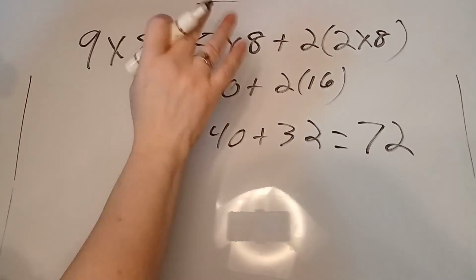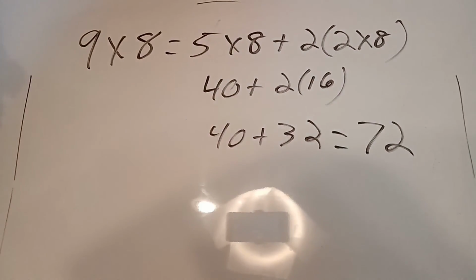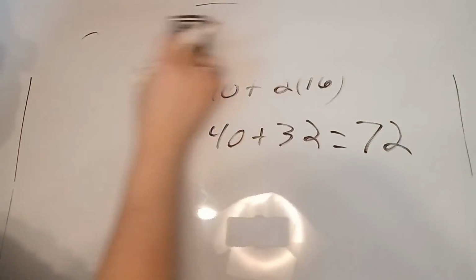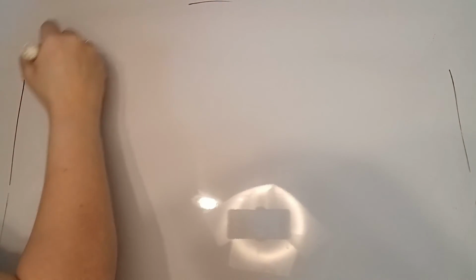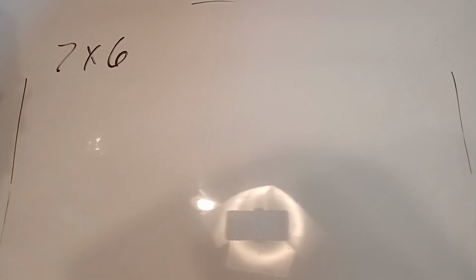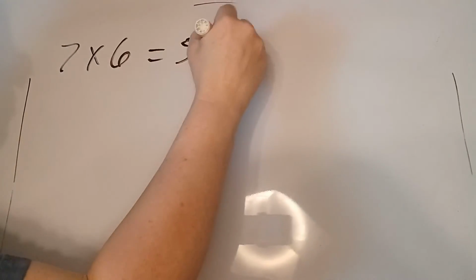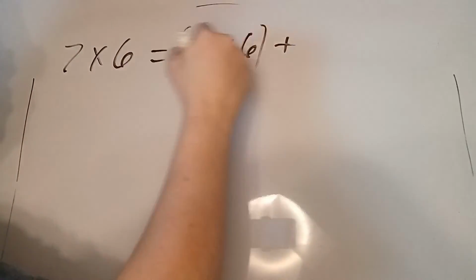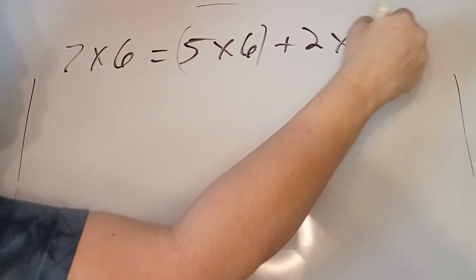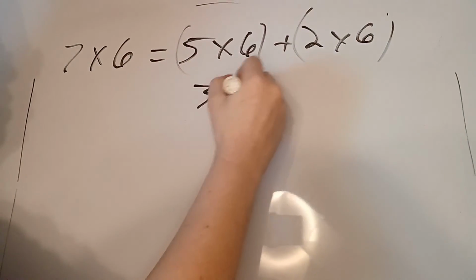All right, we can do this with any number. Let's look at sixes. If we're doing 7 times 6, that's 5 times 6 plus 2 times 6. So that's 30 plus 12.